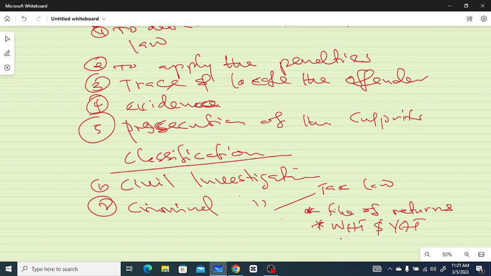So it will now invite tax investigation. Then the refusal to allow access to records and books.